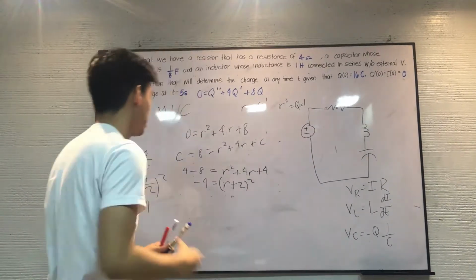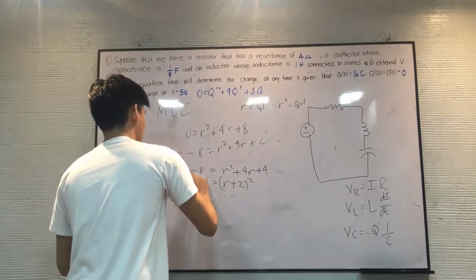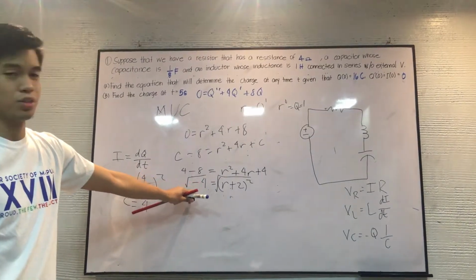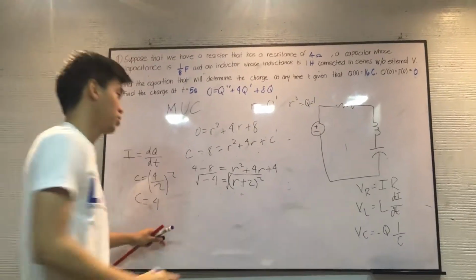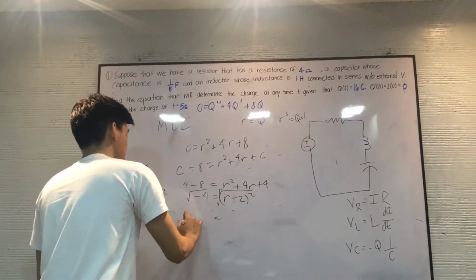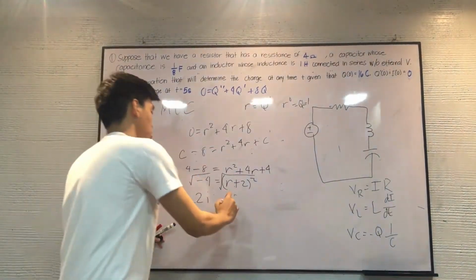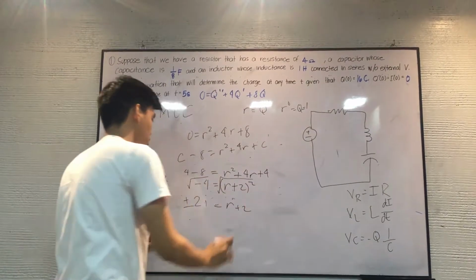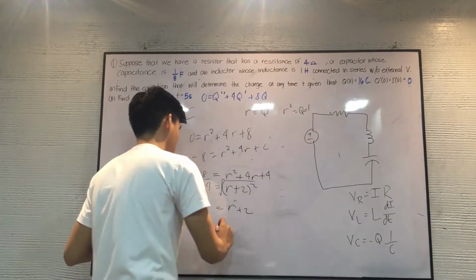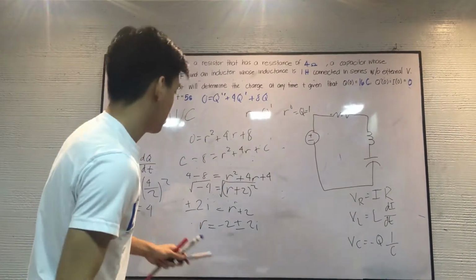Now we can take the square root, and since this has a negative, we're taking the square root of a negative value. This becomes an imaginary value, which is plus or minus 2i. The left side becomes r plus 2. Transposing it to the other side, it becomes negative 2 plus or minus 2i. Okay, there we have our r.